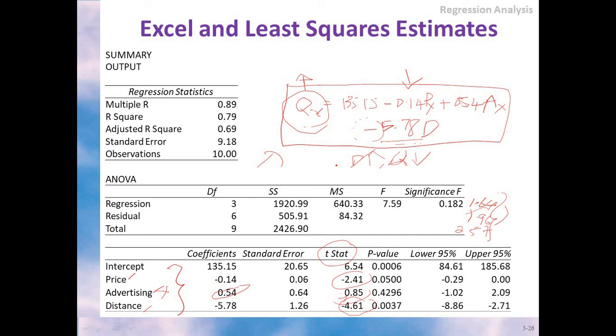Because when we talk about retailing, location is a very important variable. So this gives evidence that the distance, how far the business is from the consumers, will affect the demand of that particular consumer.